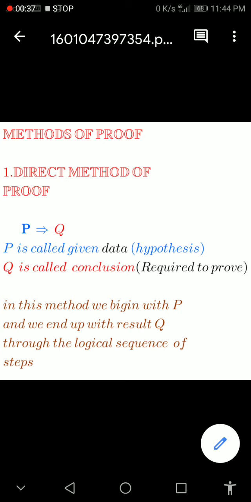Generally, we use two methods of proofs, namely direct method of proof and indirect method of proof.